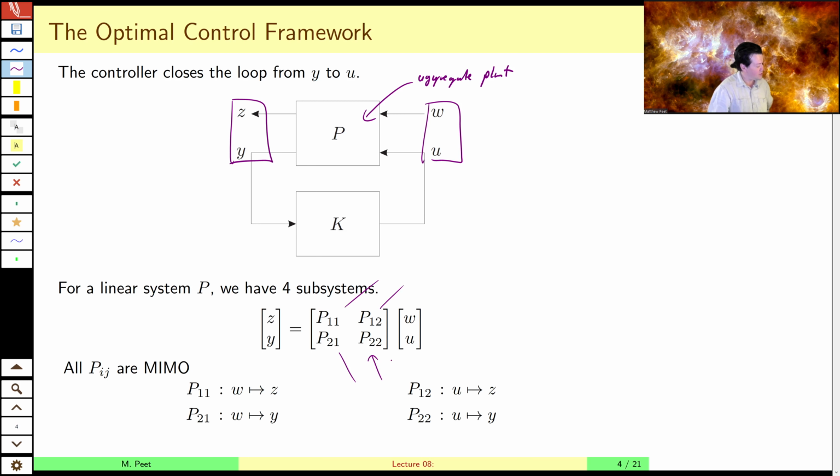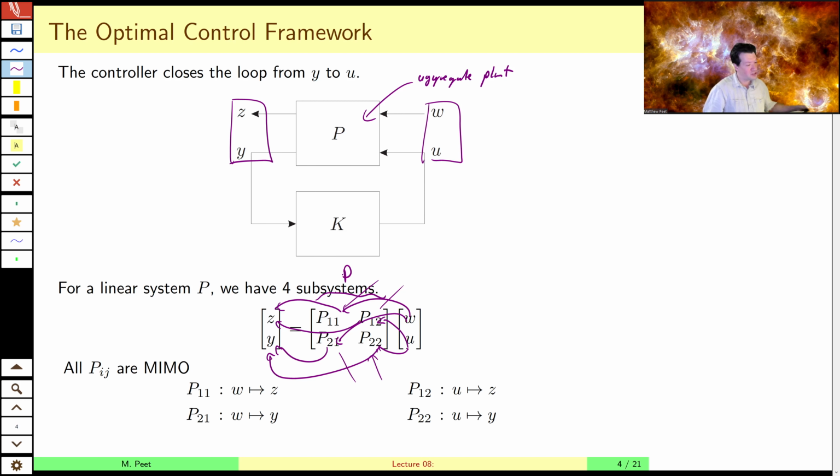Specifically, we can decompose it into individual systems: one that maps W to Z, one which maps U to Z, one which maps W to Y, and one which maps U to Y. So 4 different maps, and then we can concatenate these systems together to form this larger aggregate system P.